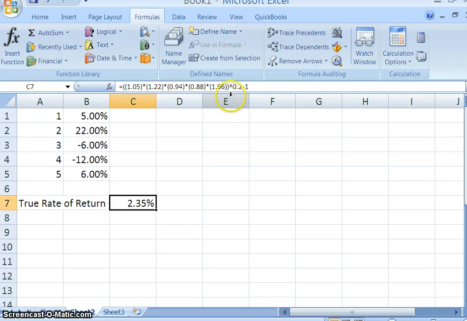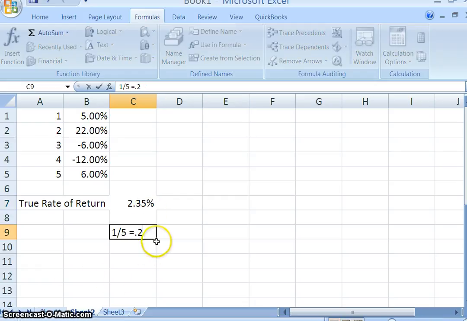We're going to take that to the 1 divided by 5 power, and that would be 0.2. And so if I take that to the 0.2 power and then subtract 1, representing 100%, I would come to a 2.35% true rate of return.